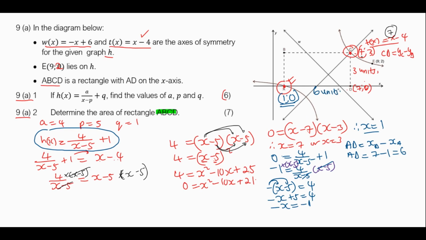And then the area of a rectangle is length times width. So it means area of ABCD is equal to 6 times 3. Okay, this 3 and then this 6. Area ABCD is equal to 18 units squared.